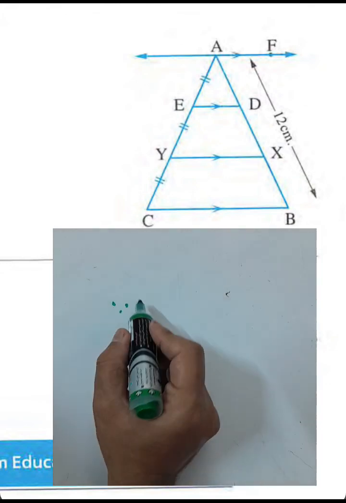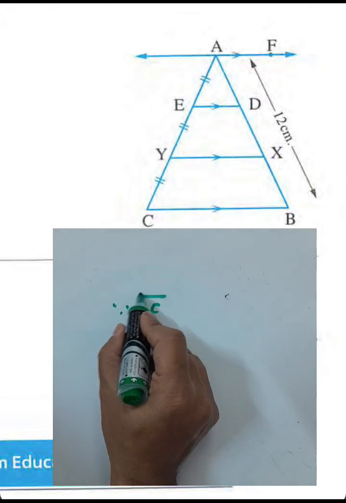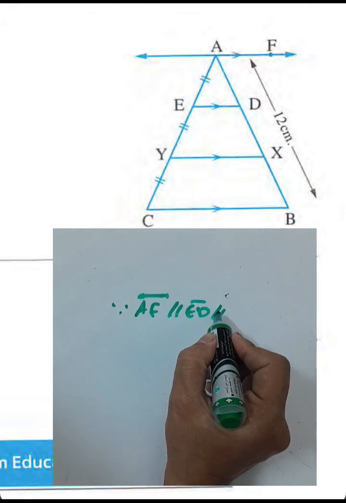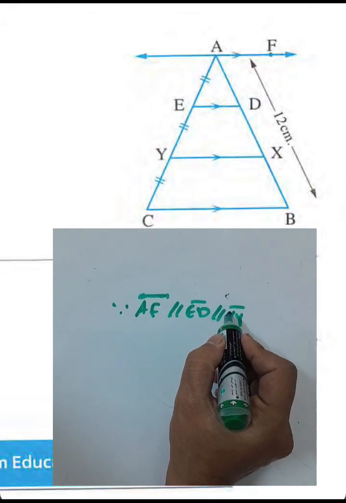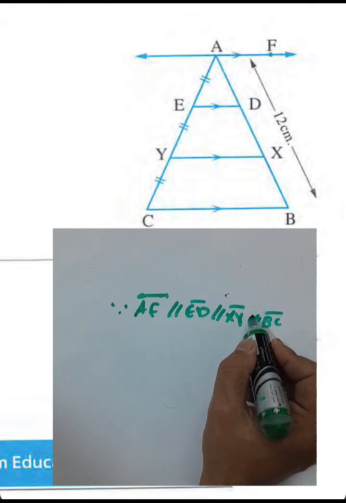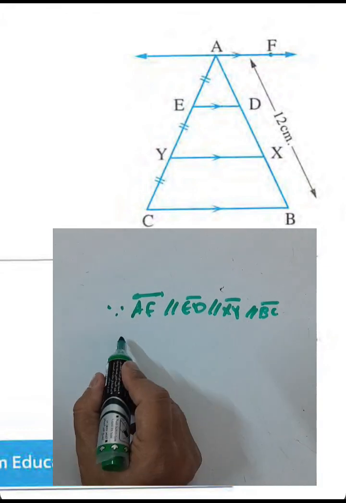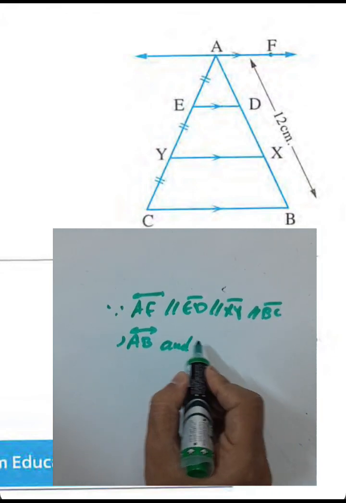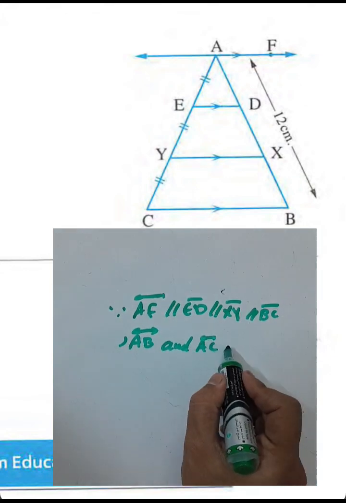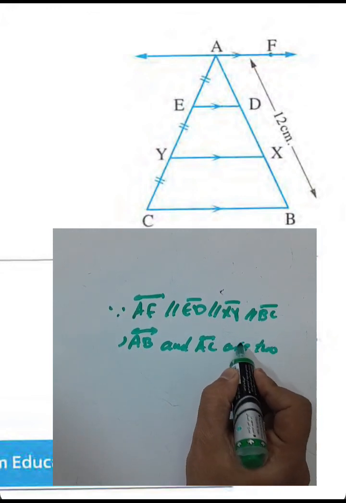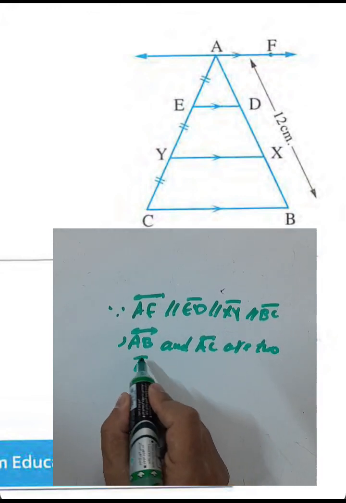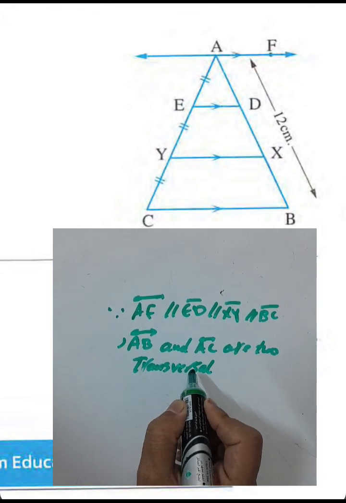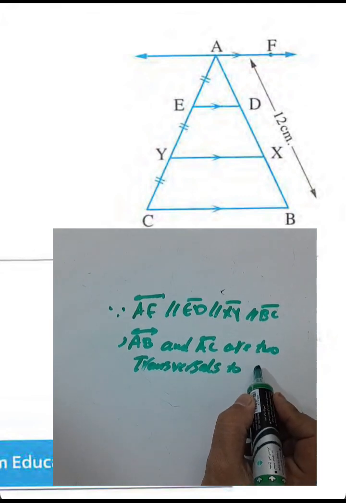In this example, EF is parallel to ED, parallel to XY, parallel to PC, and AP and EC are the two transversals to them.